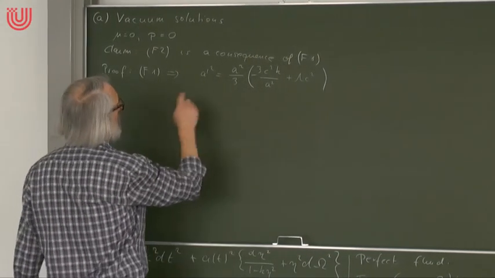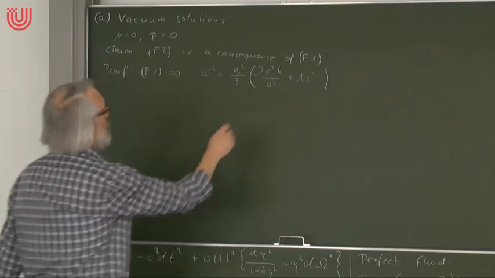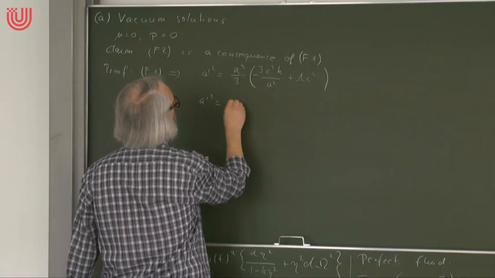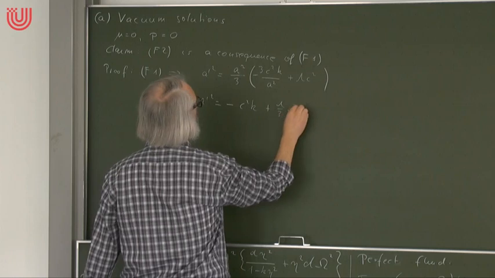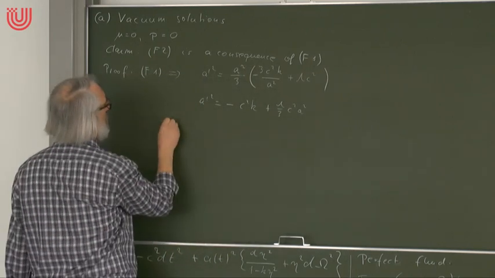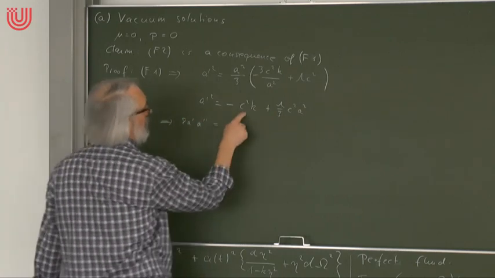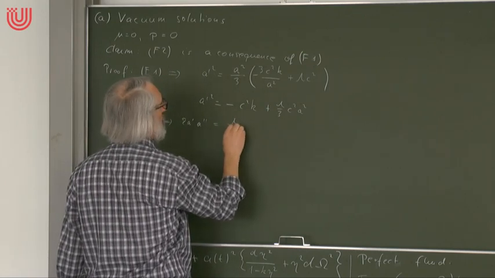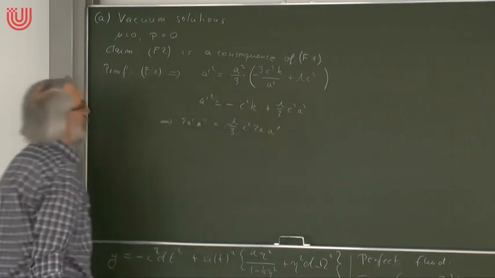From this equation, I can calculate the second derivative. This can be simplified, of course. If I multiply this out, I get minus c squared k plus lambda over 3 c squared a squared. If I differentiate this, then I get 2a prime a double prime. The derivative of the constant is 0. And then I have lambda over 3 c squared times 2a a prime.